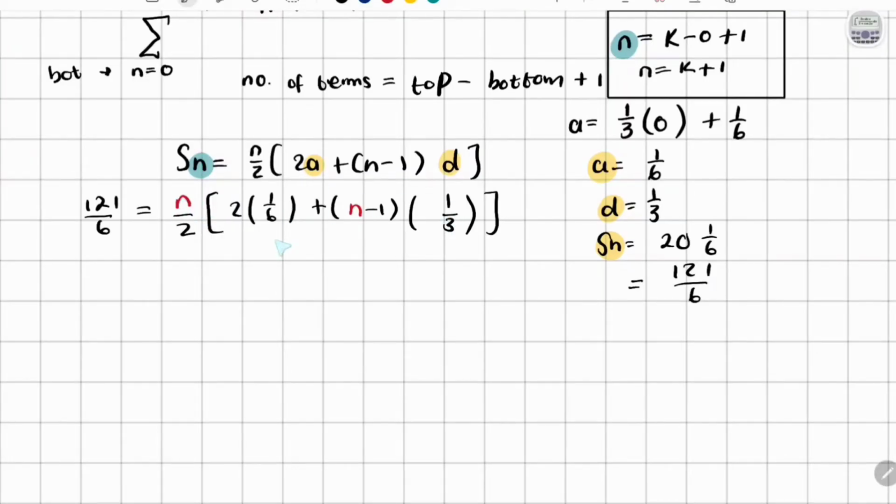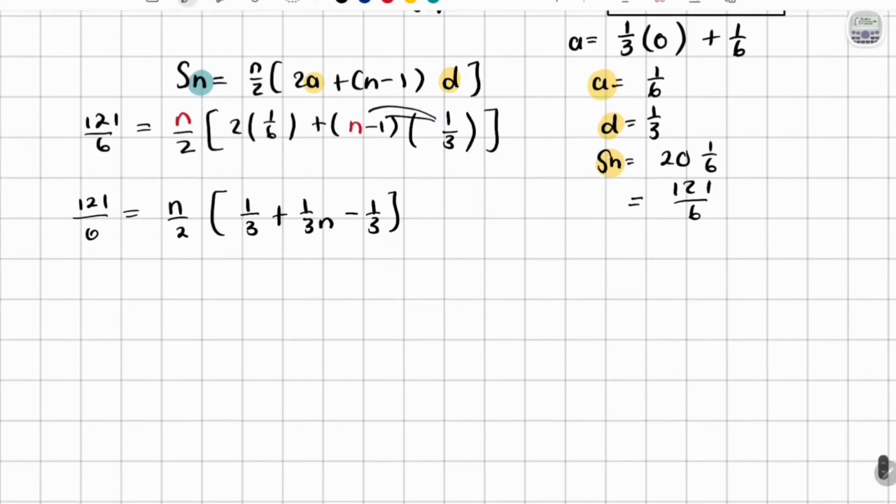So we can start simplifying from inside the equation. 121 over 6 is equal to n over 2, open bracket, 2 multiplied by 1 over 6, you can also just use a calculator, that would be 1 over 3. And then plus, we can just multiply that in, so plus 1 over 3n minus 1 over 3.